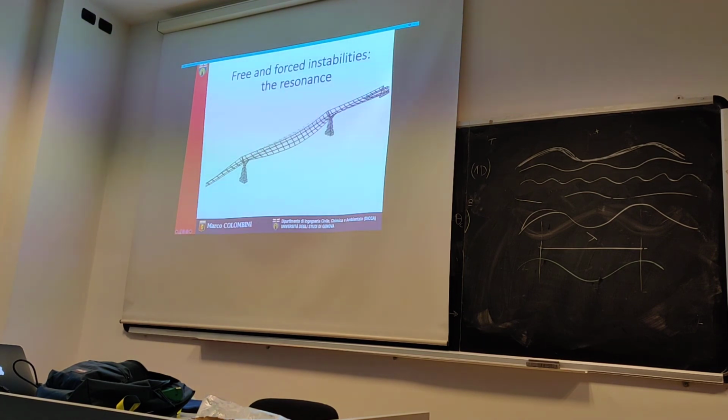It's a key to play a little game with you and to introduce two concepts that are important in the linear stability analysis of plateaus: the free and forced instabilities, and the concept of resonance, which is connected to that.